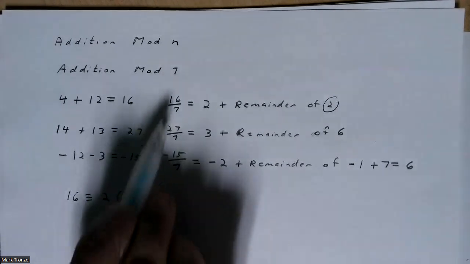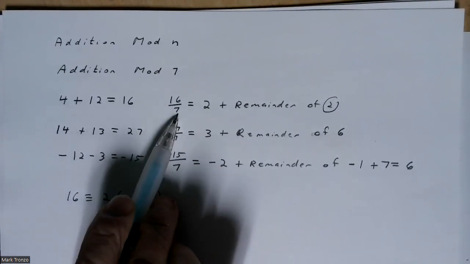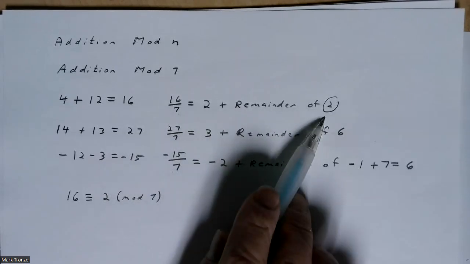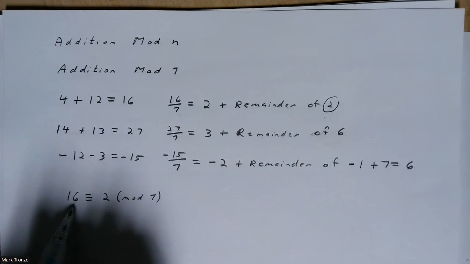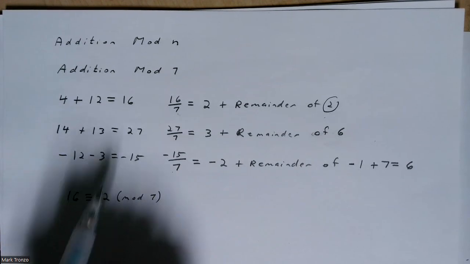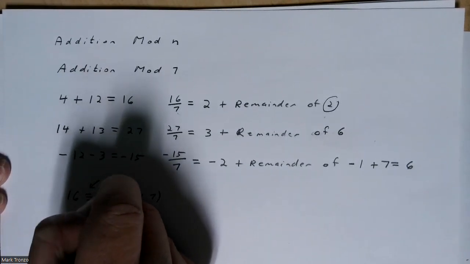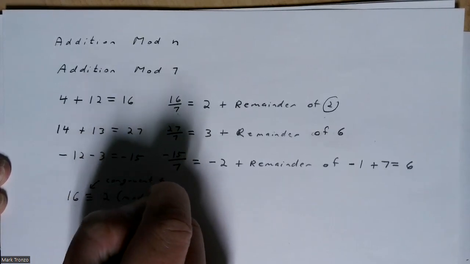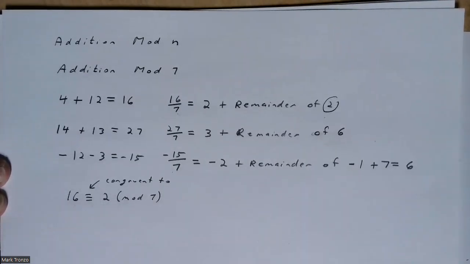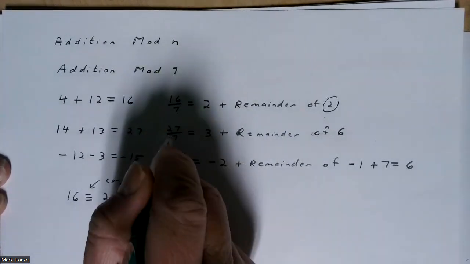Because whenever you divide 16 by 7, you get 2, and the remainder is 2. So they say that 16 is equal to or congruent to 2 mod 7.